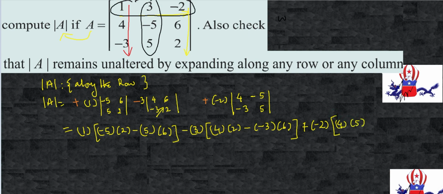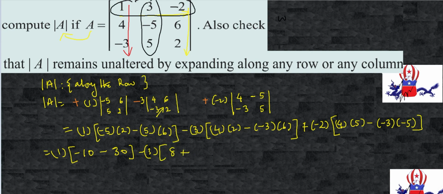Now 4 multiplied with 5, followed by a negative sign, and we have negative 3 multiplied with negative 5. So this can be evaluated as negative 5 times 2 giving negative 10, followed by negative 30. Negative 3 of 4 times 2 is 8, negative times negative is positive, 6 times 3 is 18. Positive times negative gives negative 2, open the parenthesis, 4 times 5 is 20, negative times negative is positive, positive times negative is negative, 3 times 5 is 15.